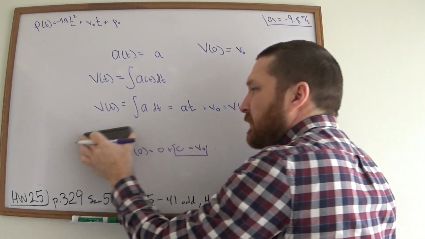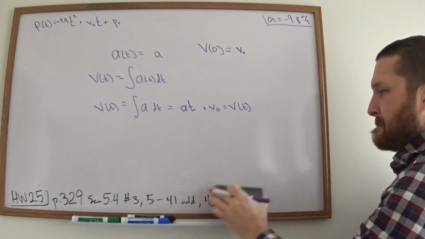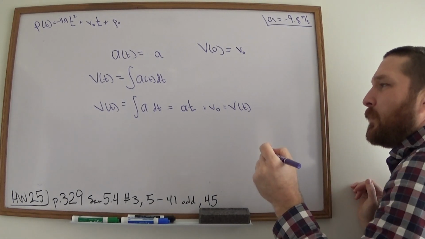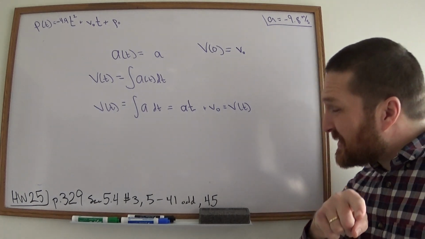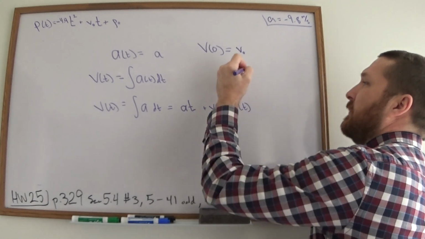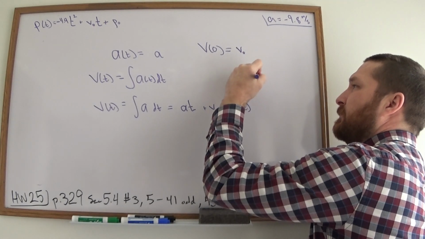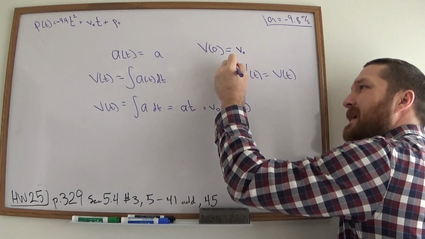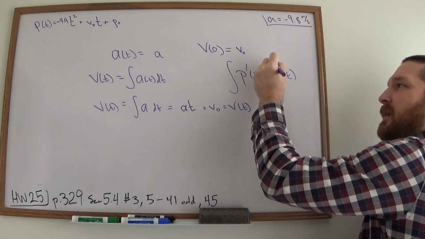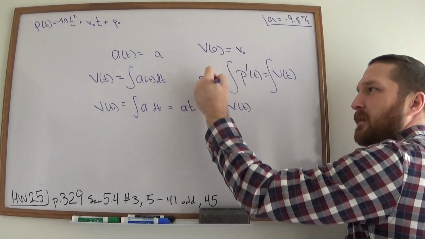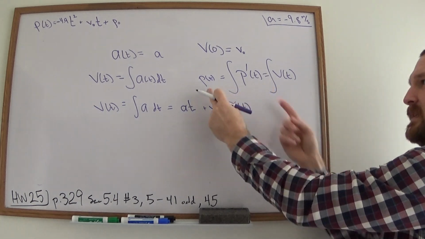But velocity is the derivative of what? Position. So if you take the derivative of position, you get velocity. So the antiderivative of velocity must be position. Yes. Right? And that's all I'm saying here.